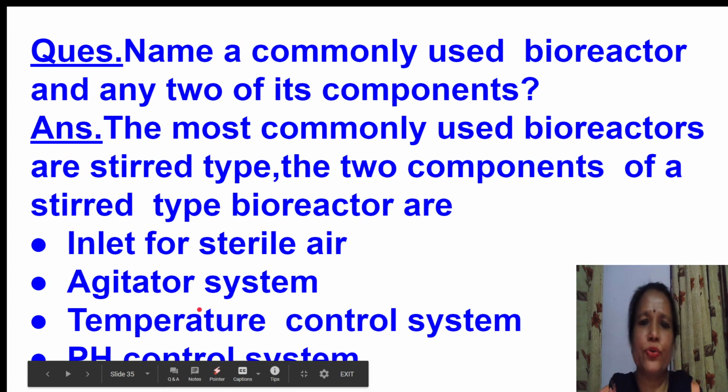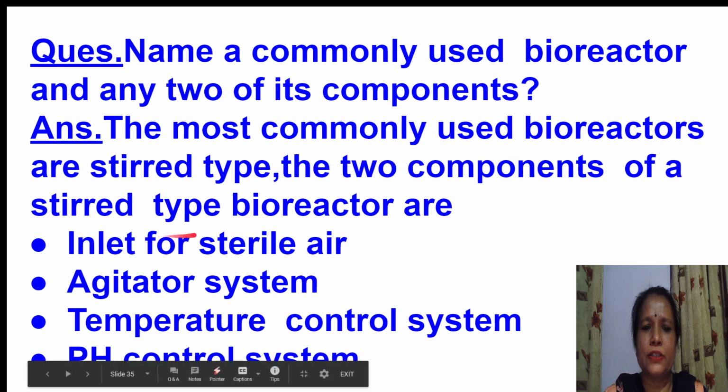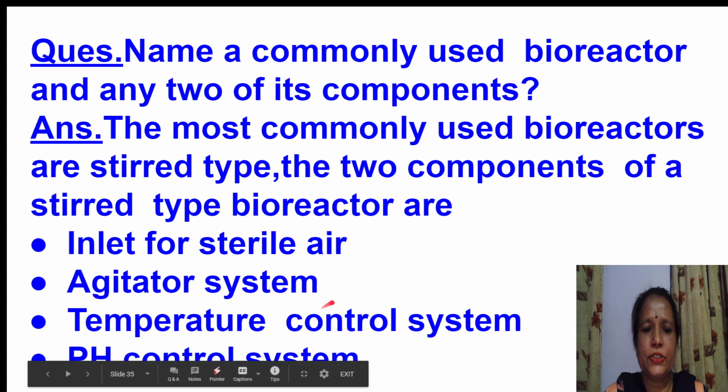Name the commonly used bioreactor and any of its two components. So, the most commonly used bioreactors are the stirred type of bioreactors. The two components of the stirred type of bioreactors, you can write any of these: inlet for the sterile air, agitator system, temperature control system, pH control system.